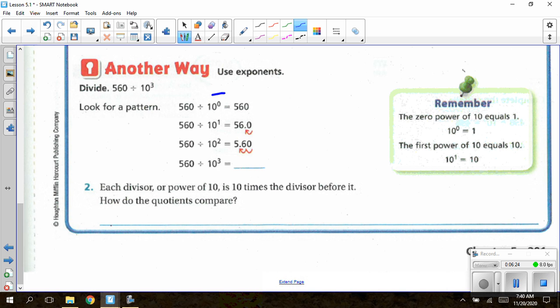So I have my 10 to the 0, 10 to the first, 10 to the second, and 10 to the third. Now remember from chapter 1 and then again in chapter 4, when you work with powers of 10 and exponents, the exponent is telling you how many swoops to do.